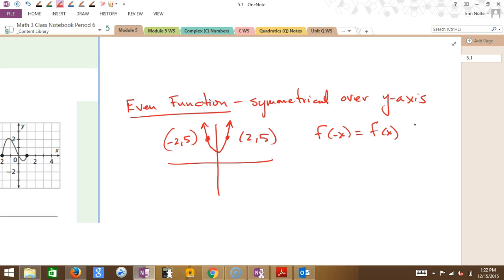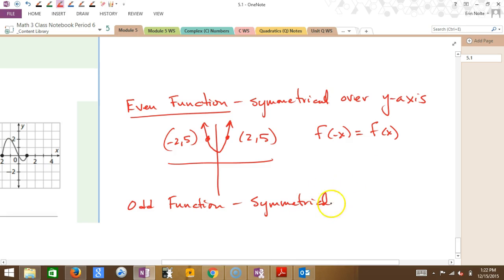Okay, so an odd function. Anybody ever heard of symmetrical over the origin? It's almost 0, 0. It is not the x-axis.